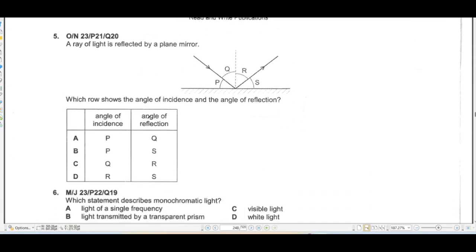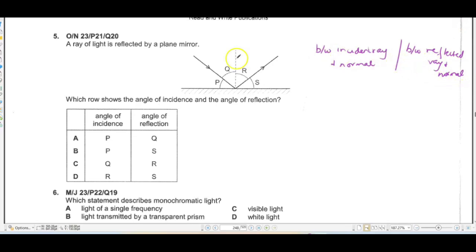Moving forward to question number 5. A ray of light is reflected by a plane mirror. Which row shows the angle of incidence and angle of reflection? Now, the angle of incidence is between the incident ray and the normal, and the angle of reflection is between the reflected ray and the normal.